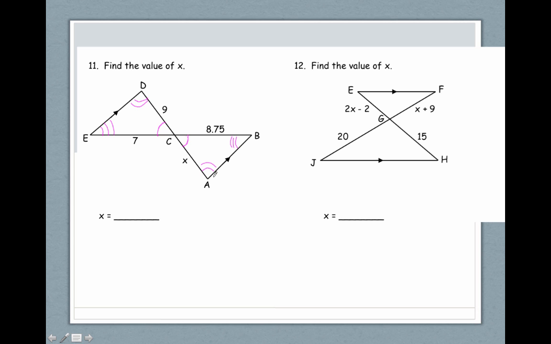Because x is included between the first and second angle, 9 is included between the first and second. So x over 9 equals 8.75 over 7. So 7x equals 9 times 8.75.